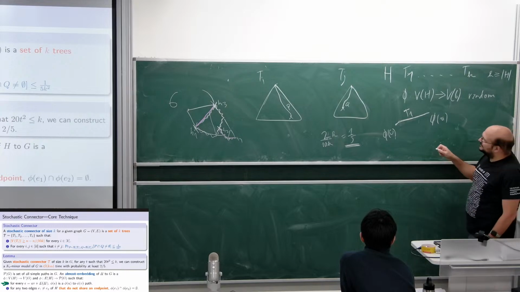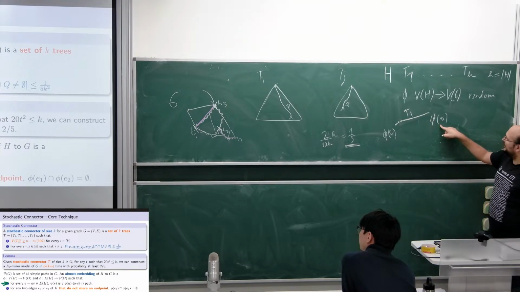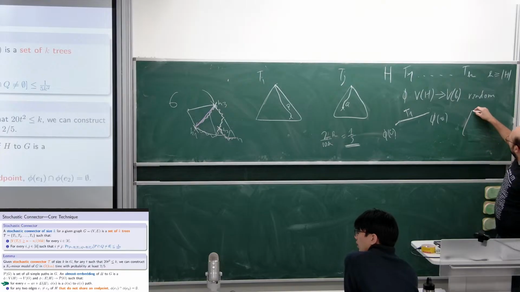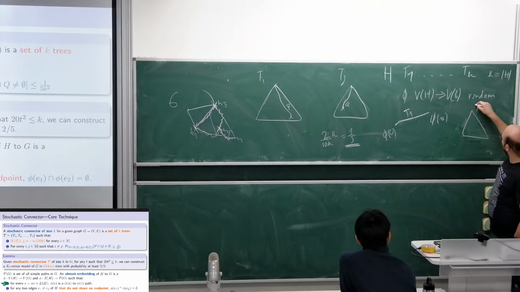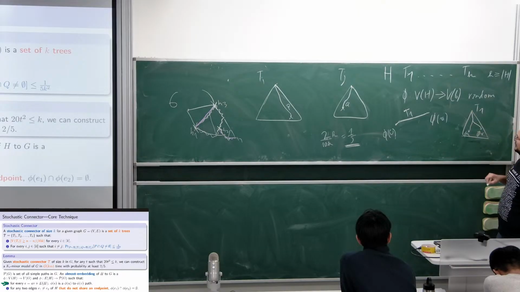Okay, I haven't told you how. I only said that phi u and phi v are in the tree. So if I have T1, and here is phi u, here is phi v, then I will take a path to the root from both of them, and then I can shortcut, of course.